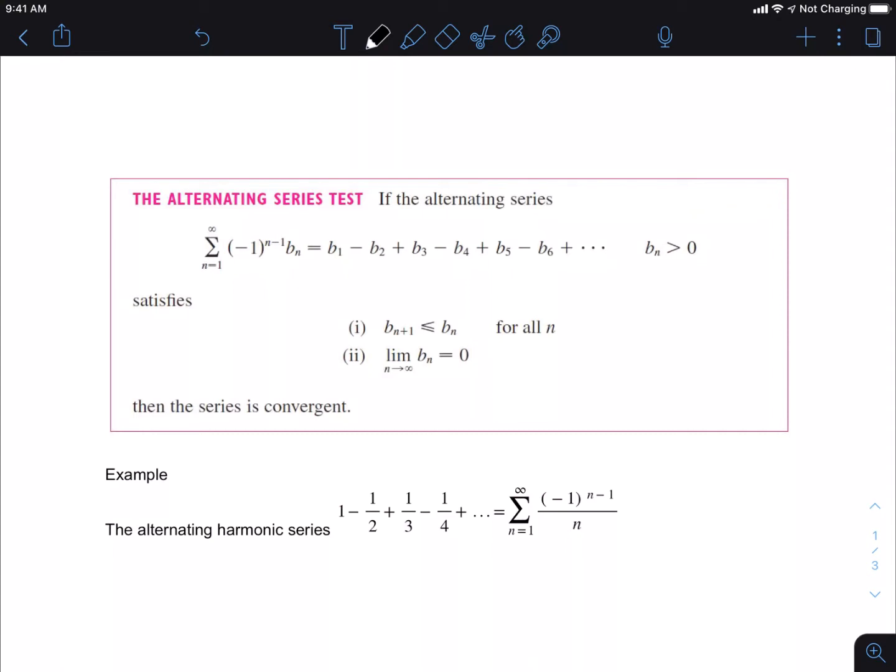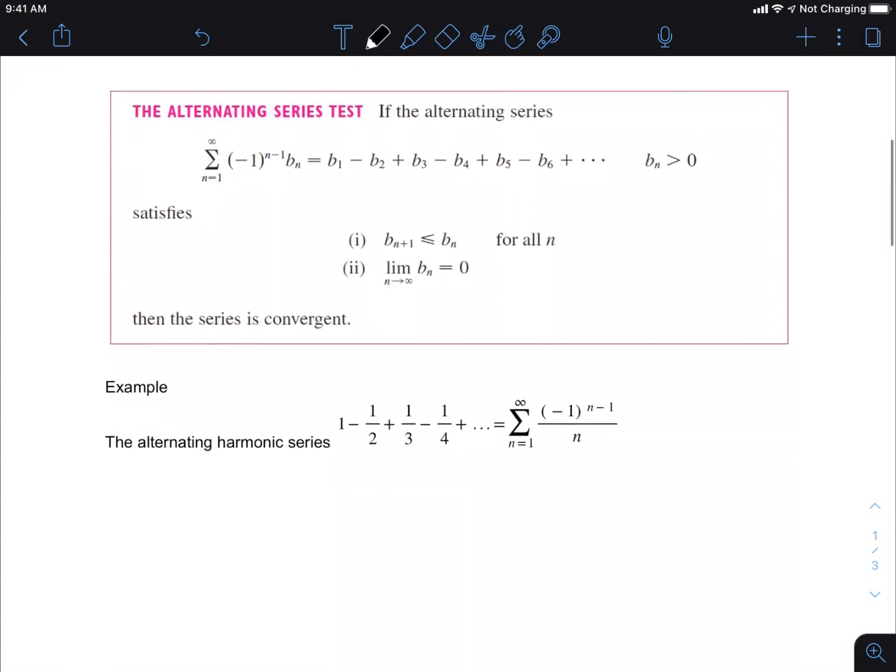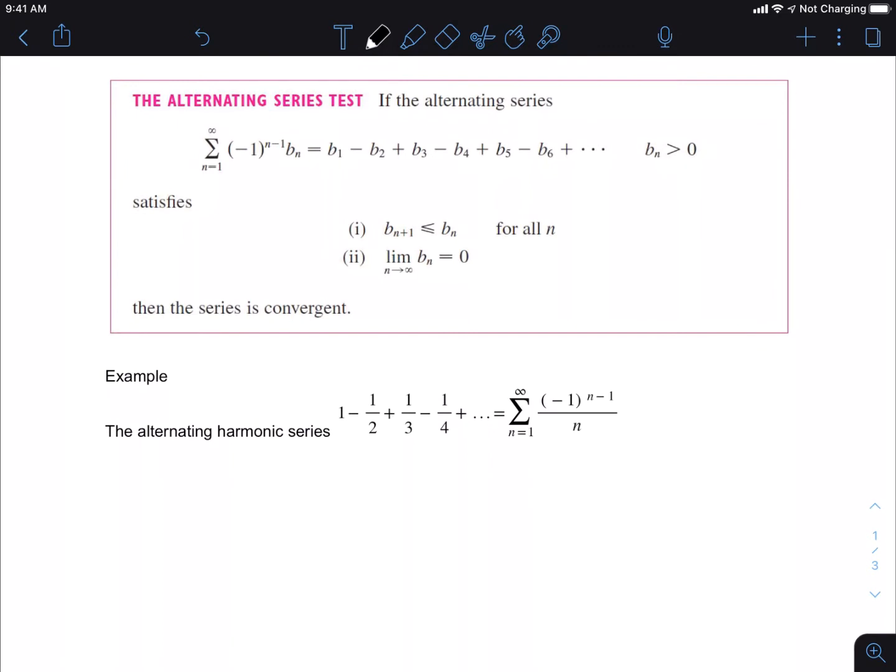So let me show you an example of this so you guys can see what the alternating series does. In this example, the first condition was to show that the previous term is bigger than the next coming term. So b of n plus 1 has to be smaller than b sub n.